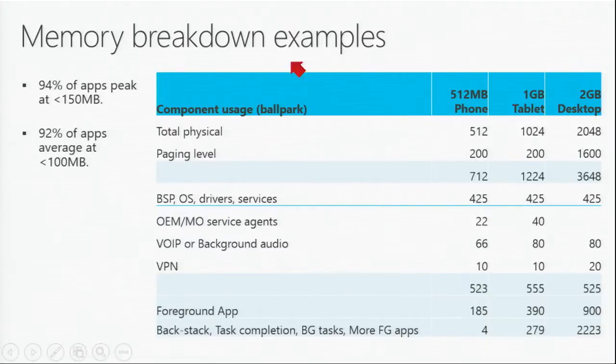If we take the first column, the 512 meg phone example, I'll just follow it down so you can see what the math is that we're using. This is obviously very simplified, but we look at the device. It starts with 512 meg of physical RAM. We look at the paging level on the device.